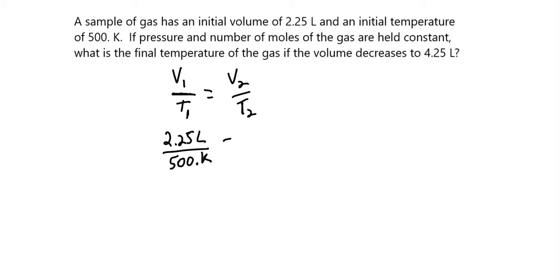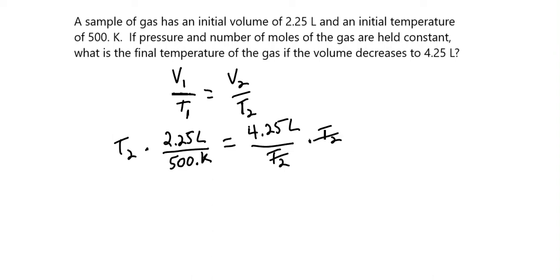Okay, that all equals our final volume of 4.25 liters, and the temperature is now our unknown. There are a couple of different ways we could do this, but it's probably most traditional to isolate temperature first. So let's multiply both sides by T2, and now we'll get rid of temperature on the right hand side.